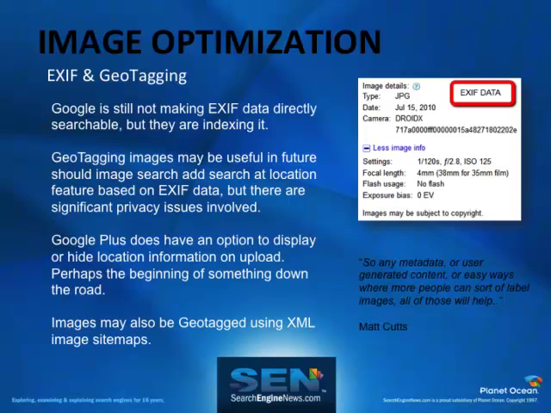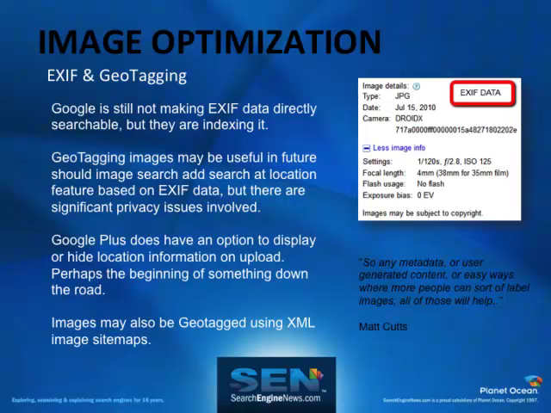If you take your Android phone and take a picture of someplace outside, there's going to be a great deal of information about that image embedded in the image itself. If you upload it directly to a web server, this stuff is all there, and you're going to have to rip it out if you don't want it to show.